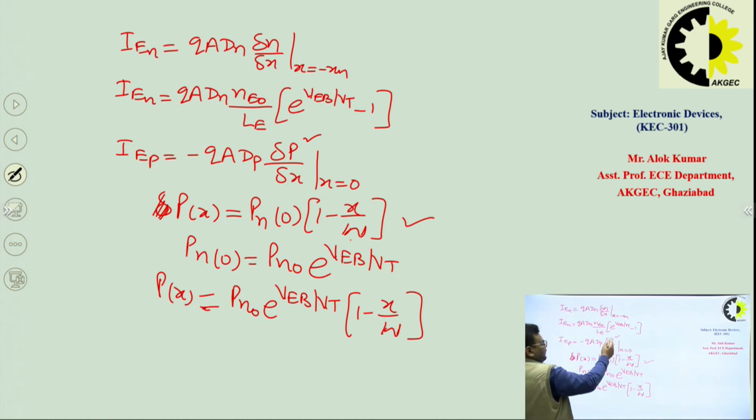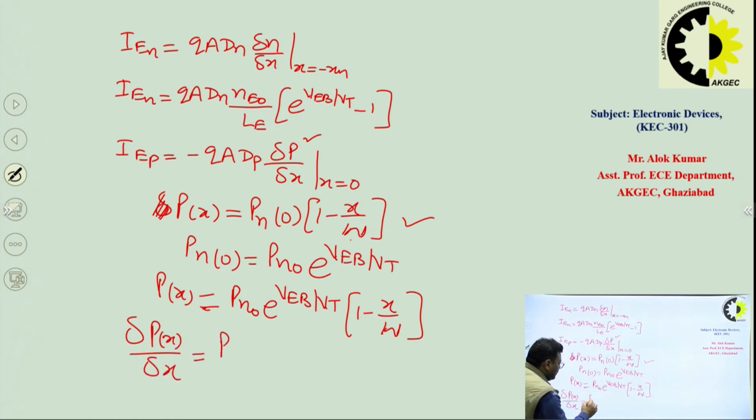If I differentiate this, then del P(x) over del x is equal to Pn0 e^(VEB/VT), and when I differentiate this, it will be minus 1 upon W. So this will be the value of this term.